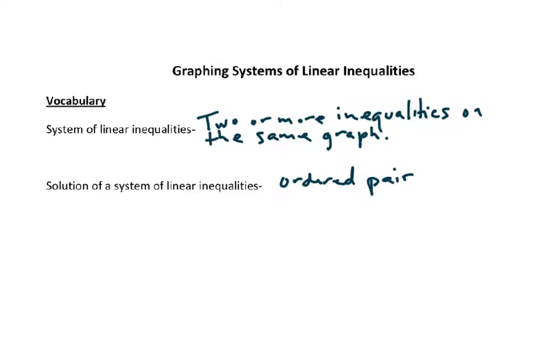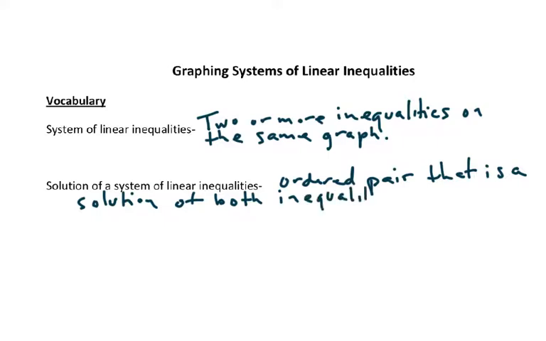And that ordered pair is going to be a solution of both of the inequalities. Since we're shading, we're talking about possibly an infinite number of solutions. All right, so let's jump into it.